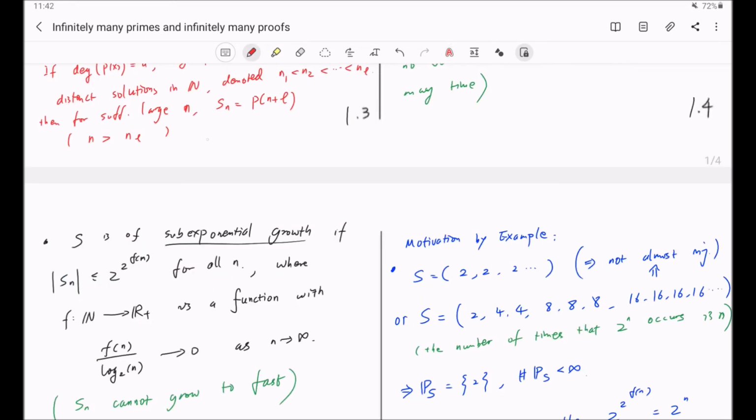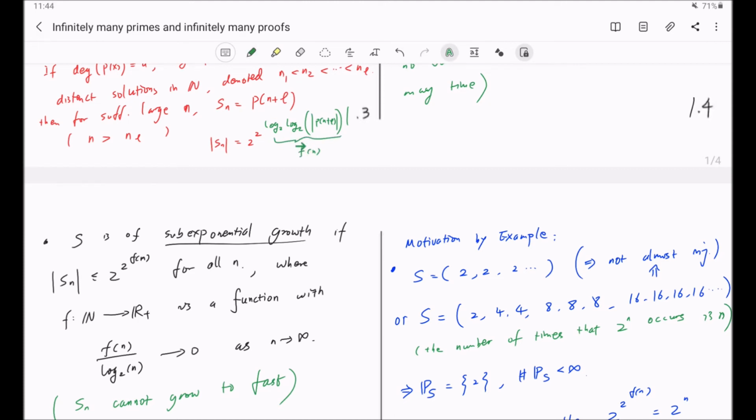Now, let us consider the absolute value of S of n. This will be equal to 2 raised to the power 2 raised to the power log base 2 of log base 2 of the absolute value of p of n plus L. And this part will be a function f.